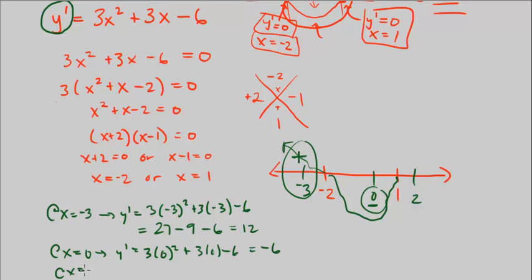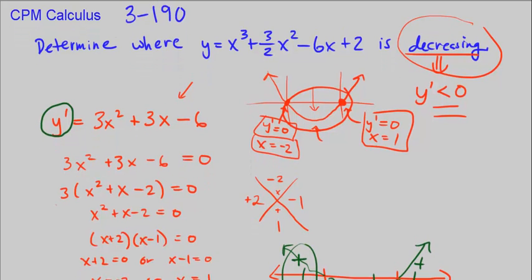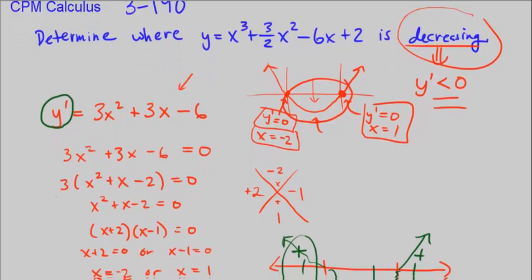And also at x equal to 2, y prime is equal to 3 times 2 squared plus 3 times 2 minus 6, which is 4 times 3 is 12, plus 6 minus 6 is just 12. So again, we get positive 12, so it's over here on the positive side of the x-axis. All right? So this tells us, again, where is our function y decreasing?